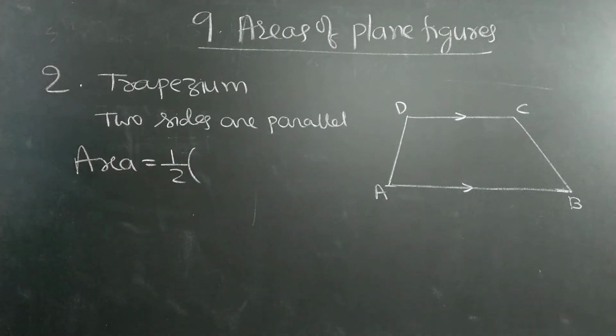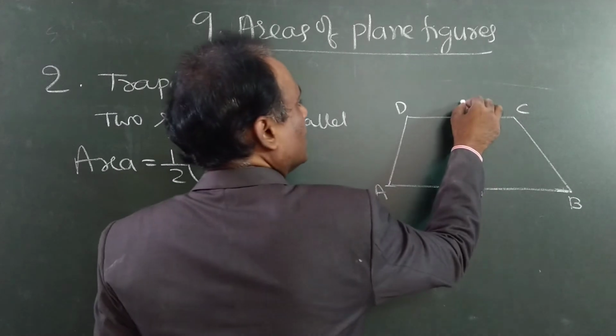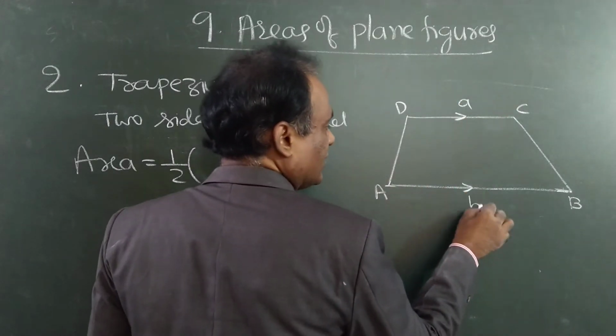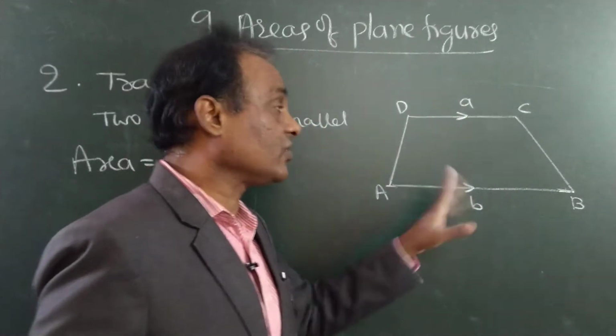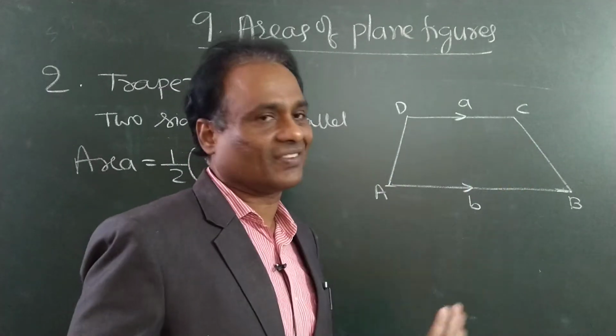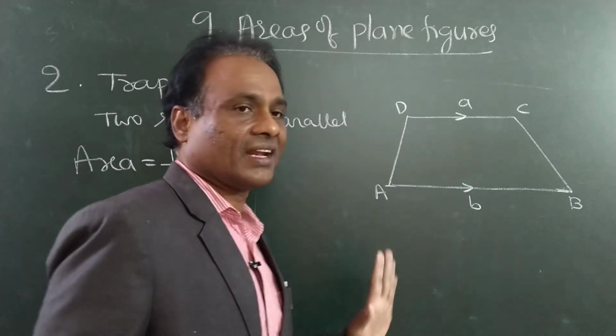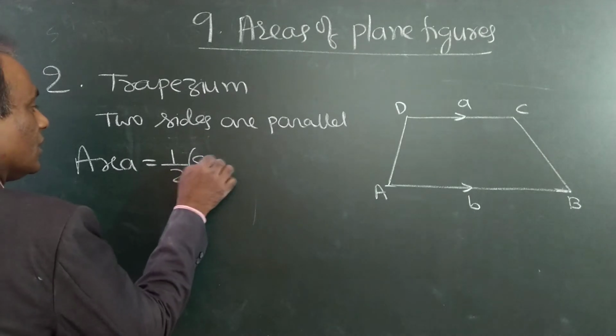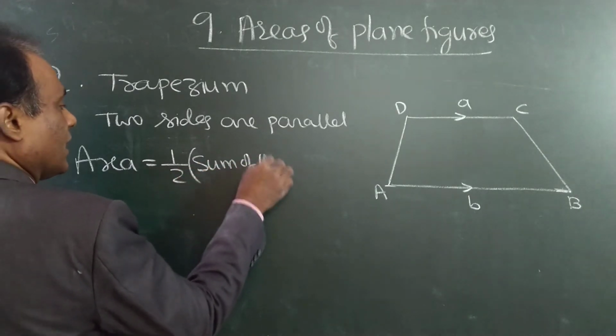What is the formula for area of the trapezium? Half, see here. Suppose this side is A, this side B. Only parallel sides we have to consider, not these inclined sides.